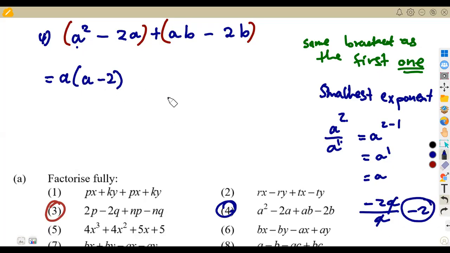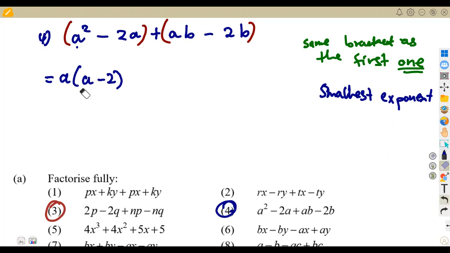All right. So like I said, whatever you obtain in the first bracket controls what you are going to have in the second bracket. So meaning to say, from the second bracket, whatever you factorize here must give us a minus 2. So what are we going to consider? Is it a plus b or a minus b?